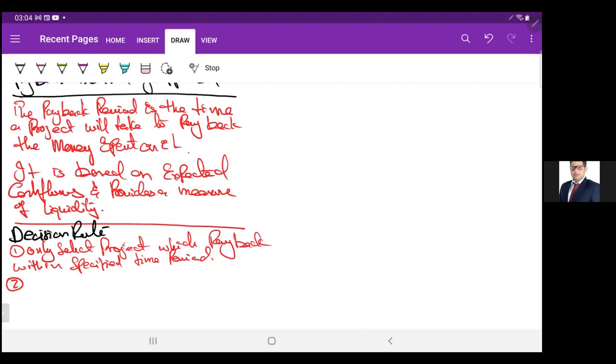Number two, choose between options on the basis of the fastest payback.